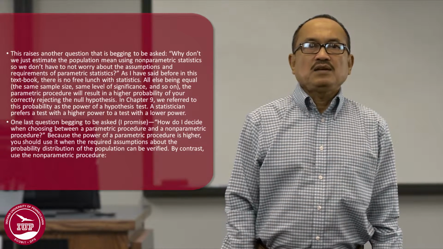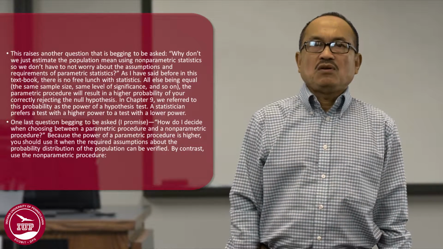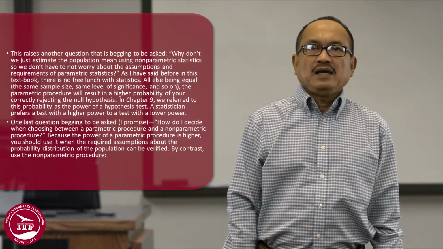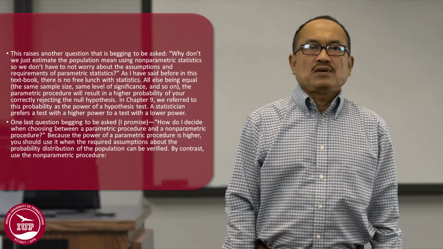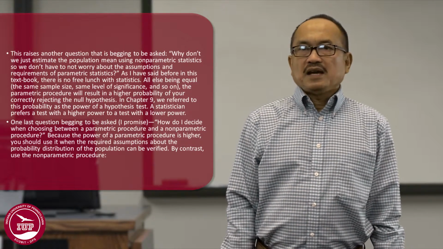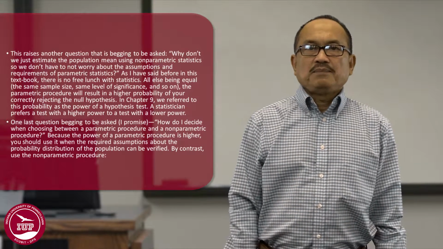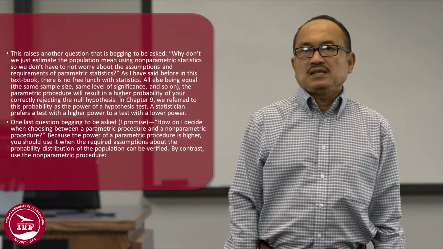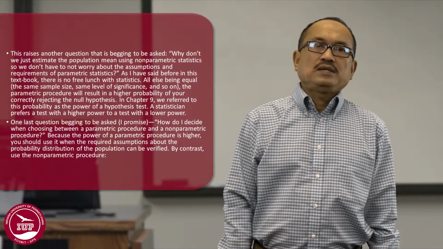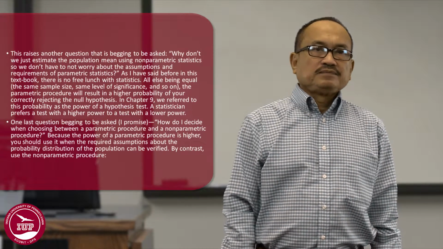All else being equal, the same sample size, the same level of significance, and so on, the parametric procedure will result in a higher probability of your correctly rejecting the null hypothesis. In Chapter 9, we refer to these probabilities as the power of a hypothesis test. A statistician prefers a test with a higher power to a test with a lower power.